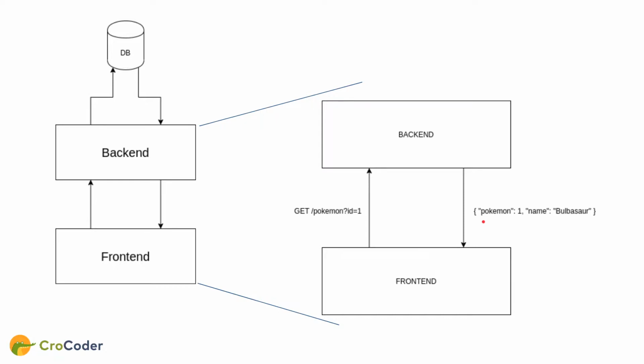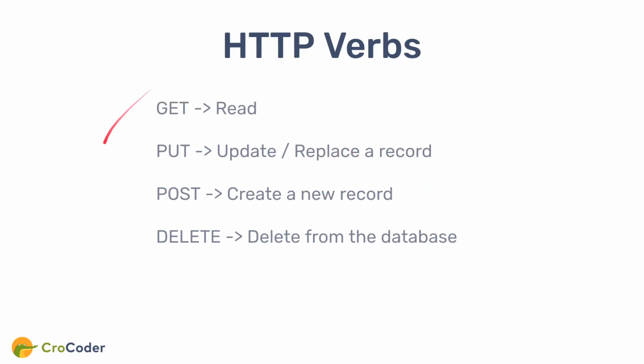Our useful verbs here are actually these four: GET, PUT, POST, and DELETE. It's similar to CRUD, so read, create, update, and delete. So they are actually CRUD operations upon our collection.